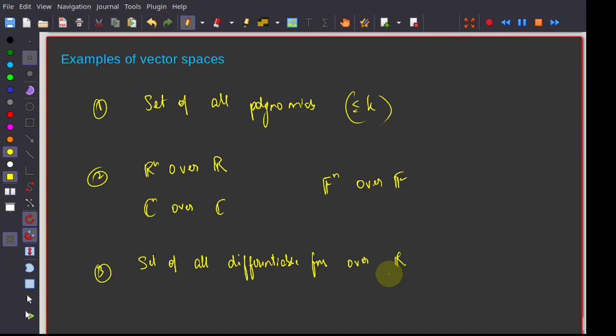Vector space. So in particular, the sum of differentiable functions is another differentiable function. Any linear combination of differentiable functions is also differentiable.